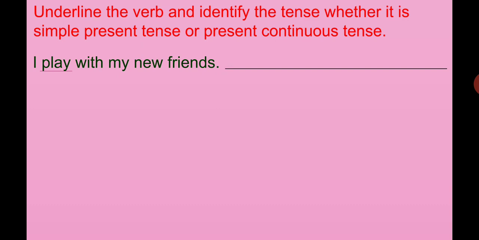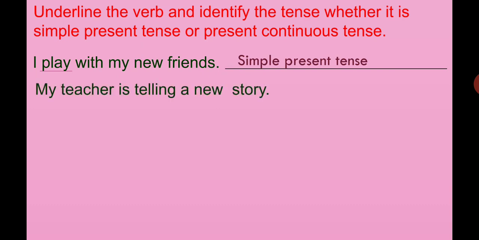So it is in a root form. So if the verb is in a root form, then what can you understand? What is the tense? Yes, the sentence is in the simple present tense. The second way to identify it: with play there is no ing form. Understand? So you can understand that it is a simple present tense.